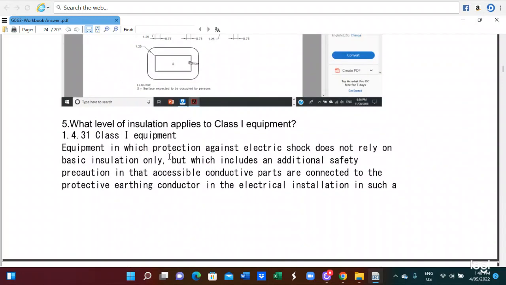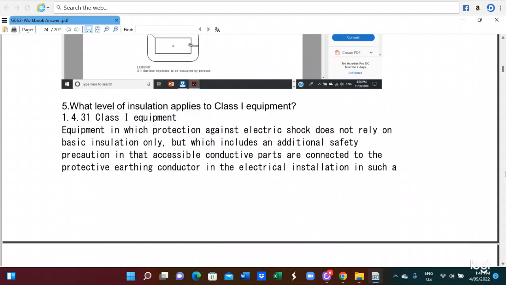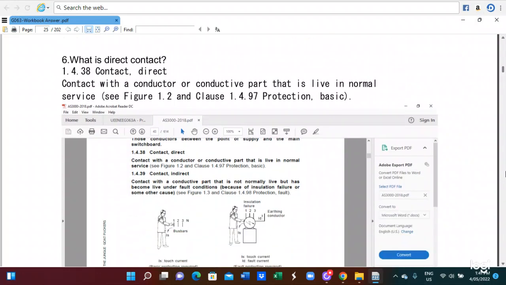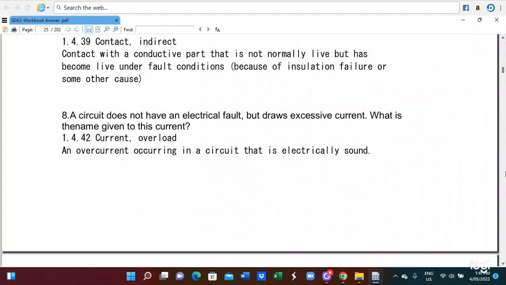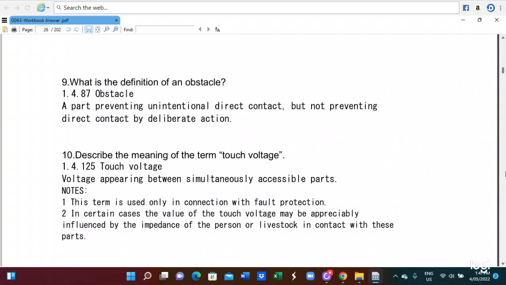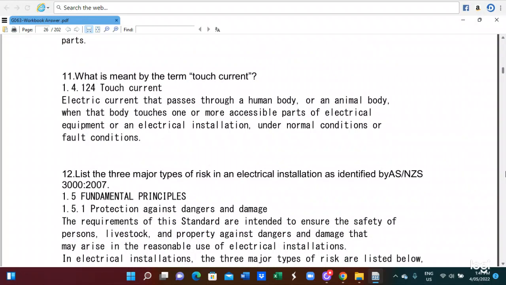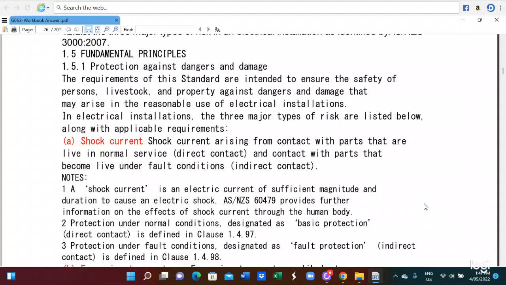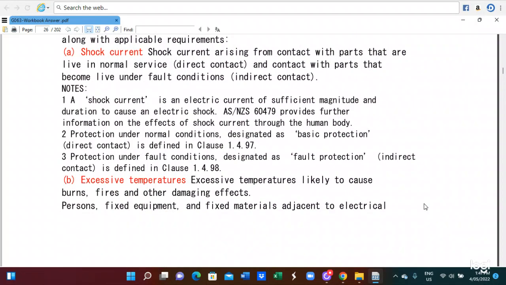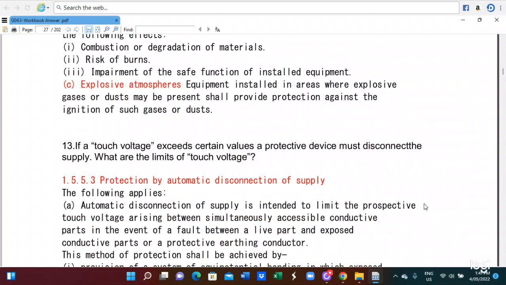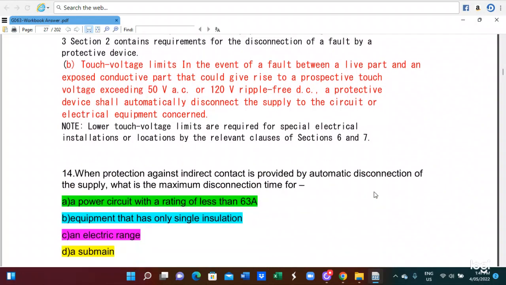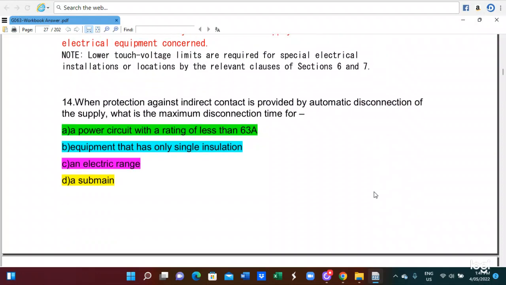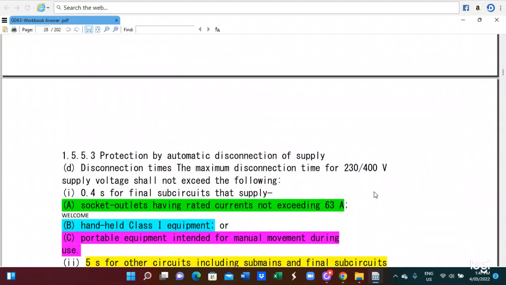Here we are talking about class 1 equipment. Class 1 equipment, and the definition of direct contact, and also the definition of touch current, touch voltage, and also the major risk of the electrical installation, fundamental principle, definition of short circuit current, excessive temperature, explosive atmosphere, protection by the automatic disconnection of supply, touch voltage limit, also protection against direct contact, and also socket outlets condition, protection by the automatic disconnection of supply.